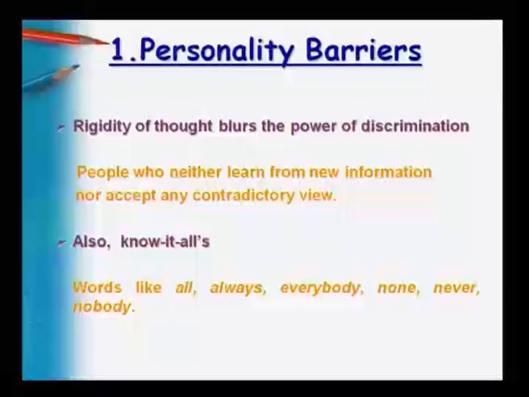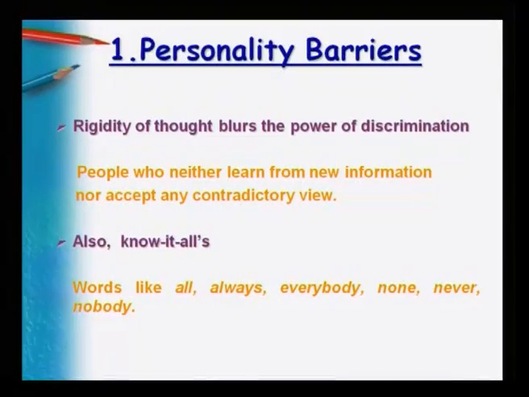Close to them are the know-it-all types. These people are the ones who say that they know everything. You can identify these people by words like all.